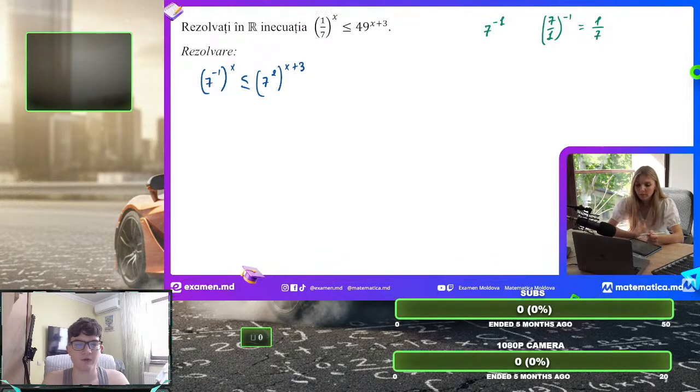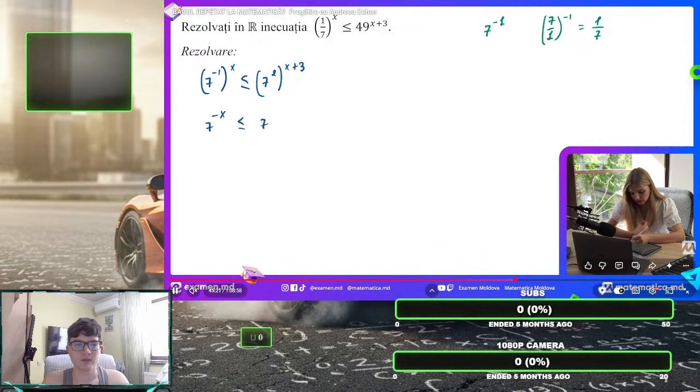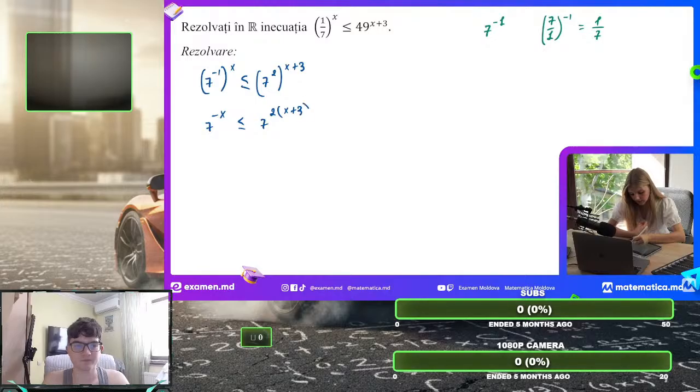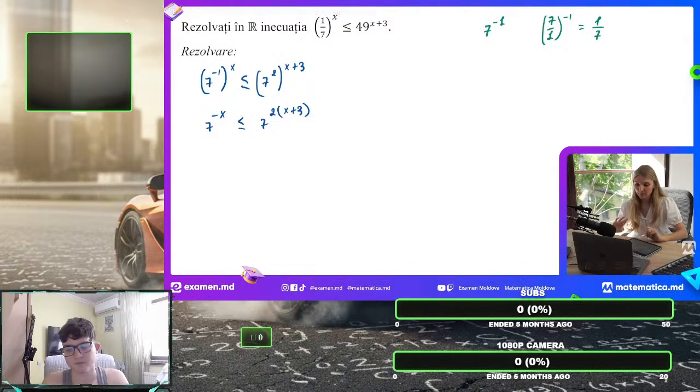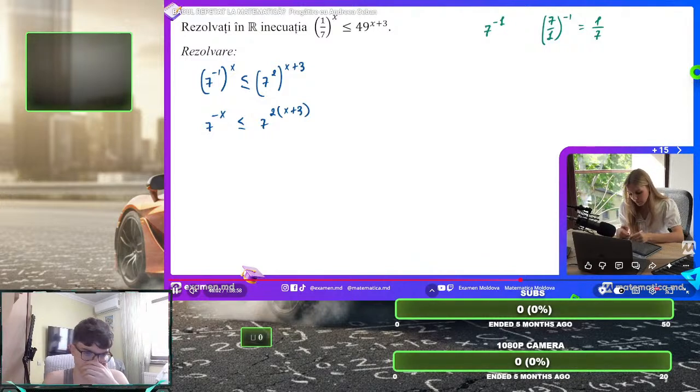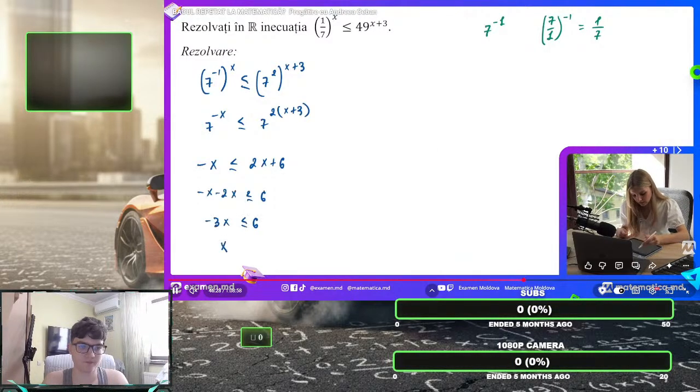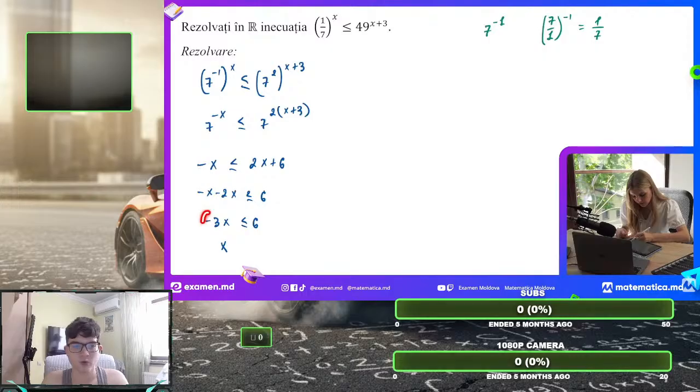And now x plus 3 right there. So we have that. Work with the x stuff, so basically what is in the power. So minus x is going to be smaller or equal to 2x plus 6. Alright, we have this. Move x values to the left, minus 3x smaller or equal to 6. Boom.